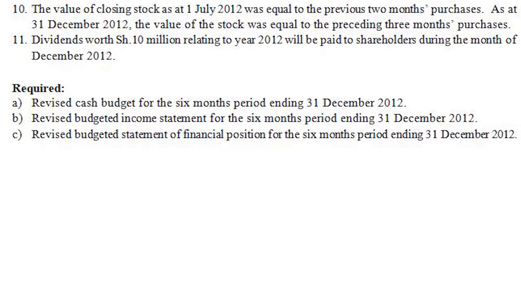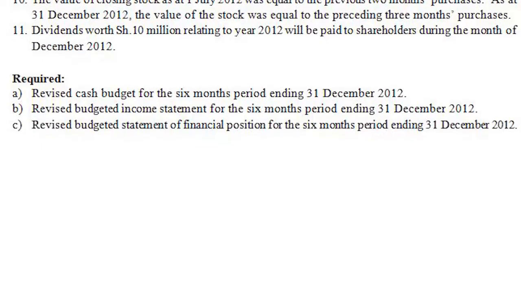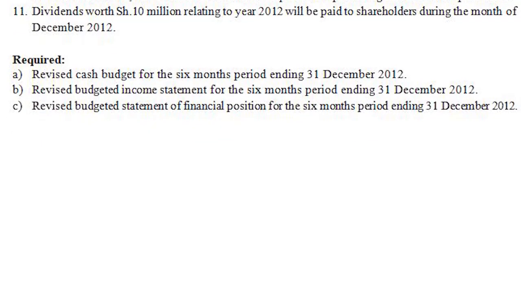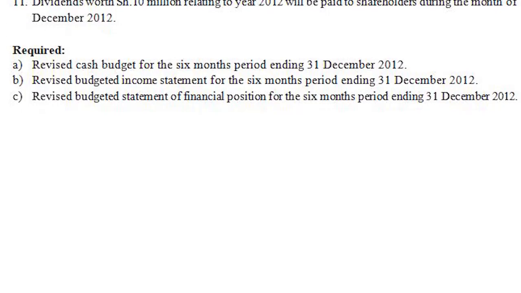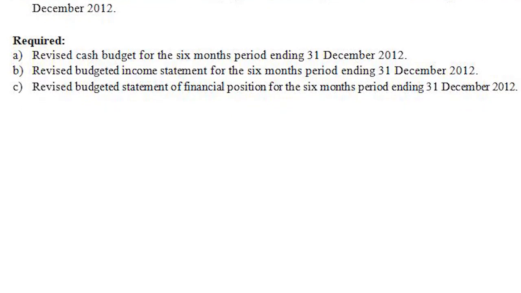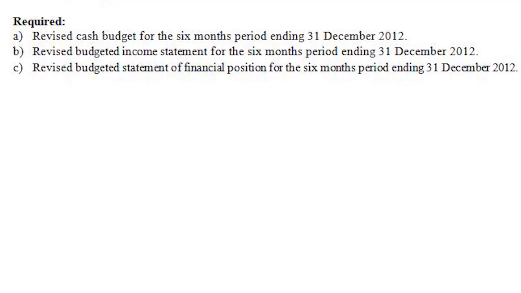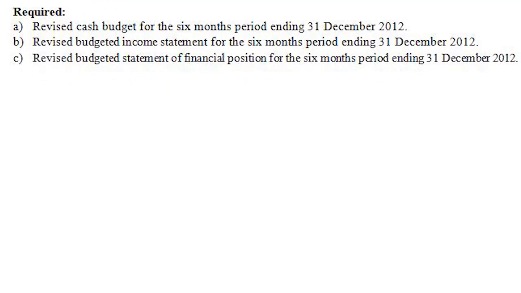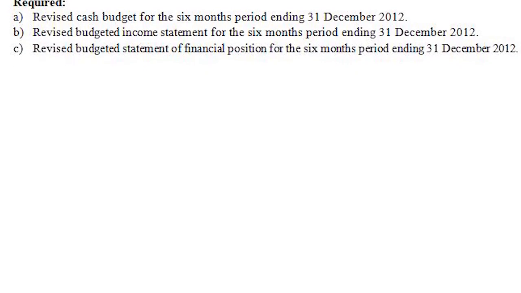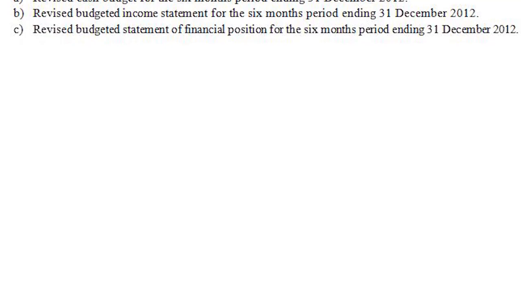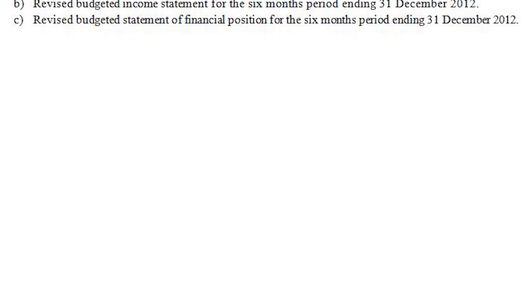Required: A, revised cash budget for the 6 months period ending 31st of December 2012. B, revised budgeted income statement for the 6 months period ending 31st of December 2012. And C, revised budgeted statement of financial position for the 6 months period ending 31st of December 2012.